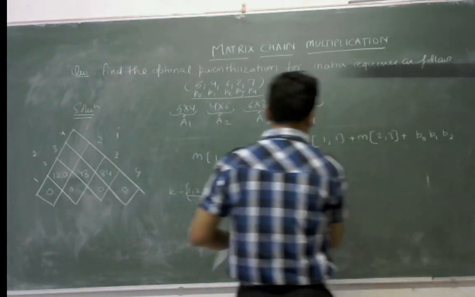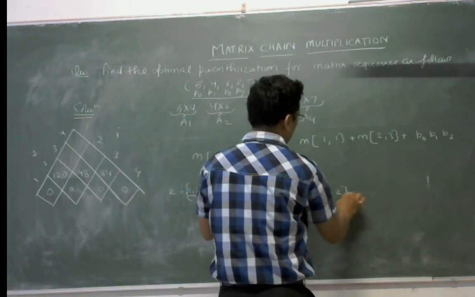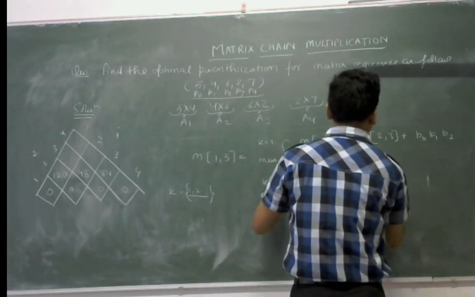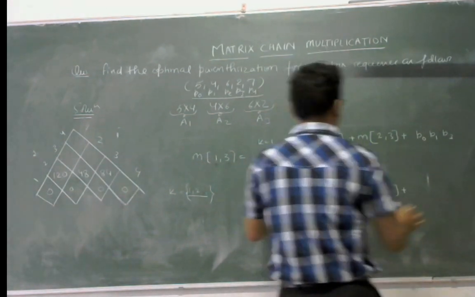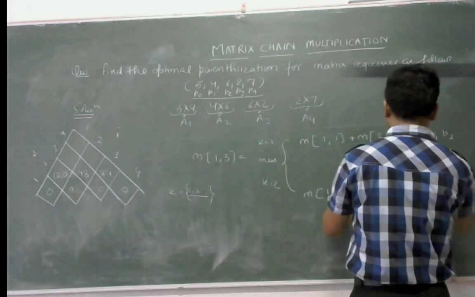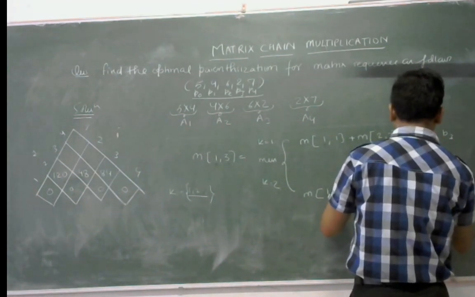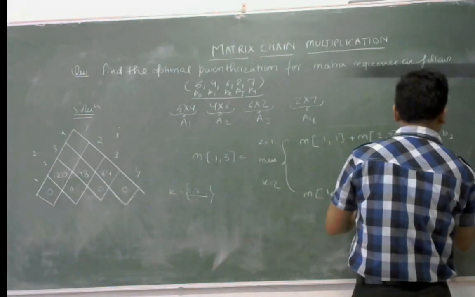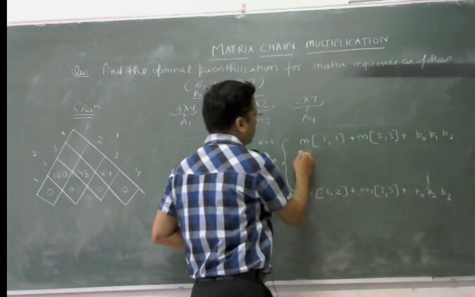Or here, for k equals to 2: m(1,2) plus m(3,3) plus p(i minus 1) means p0, into pk, k is equal to 2, so p2, into p3, right?